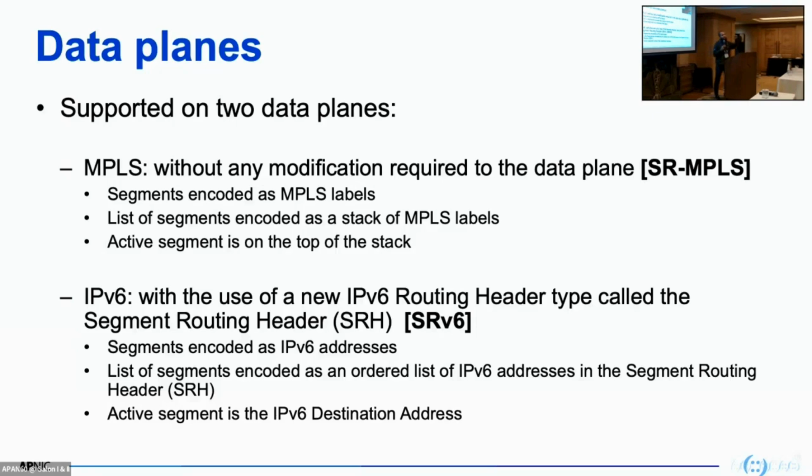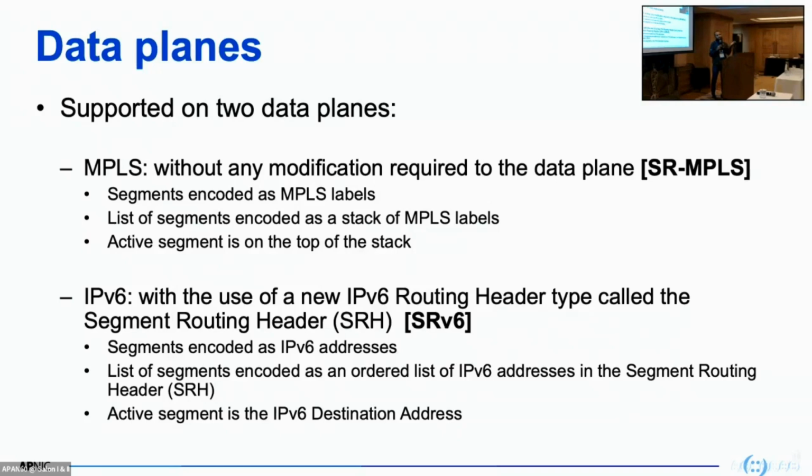It can be done by either MPLS as the data plane or IPv6 as the data plane. When we use MPLS as the data plane, we call it SR-MPLS, or segment routing with MPLS data plane. When we use IPv6 as the data plane, we call it SRv6, or segment routing with IPv6 data plane.